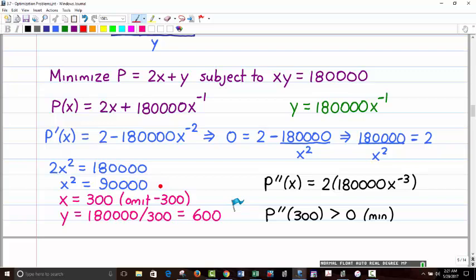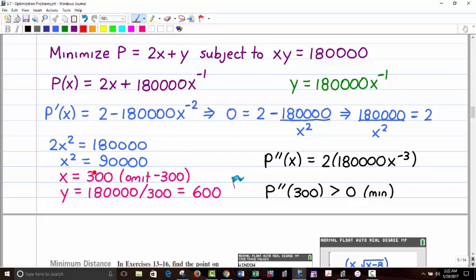And like I was saying earlier, they don't have to tell you in this problem that we only want positive values for the sides. Common sense would tell you. I don't think we can have negative 300 meters as a measurement. So we only want the positive square root of 90,000, which is 300. Then the y would be 180,000 divided by 300, which is 600.